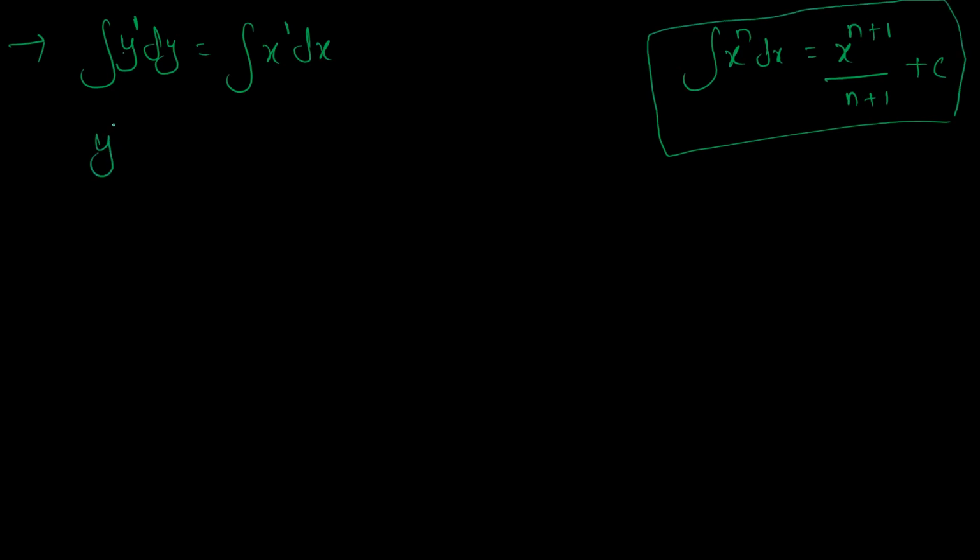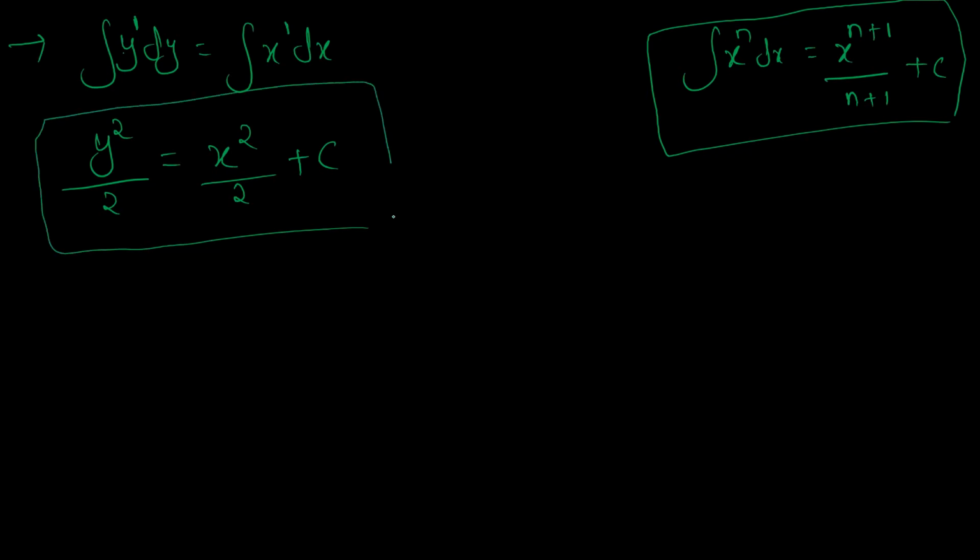So it becomes y square upon 2 equals x square upon 2 plus an arbitrary constant. We must add this arbitrary constant. This is our solution, and we can also simplify it further, so it becomes y squared equals x squared plus 2c. This is also our solution.